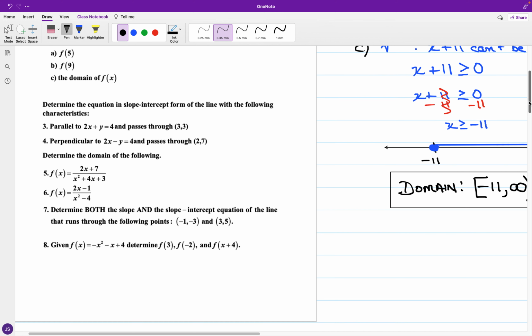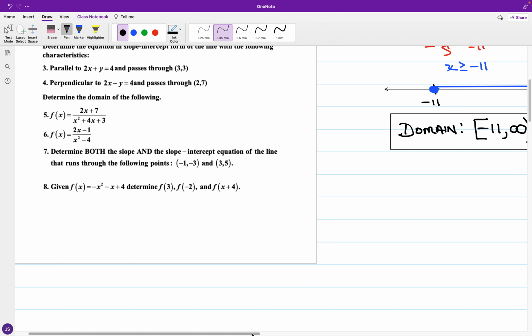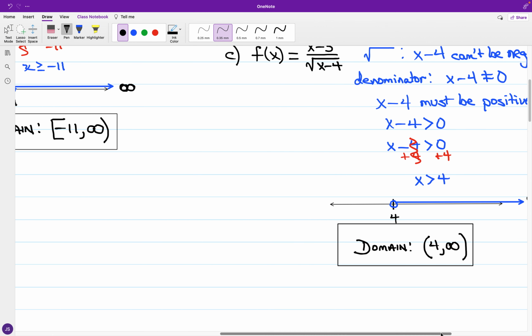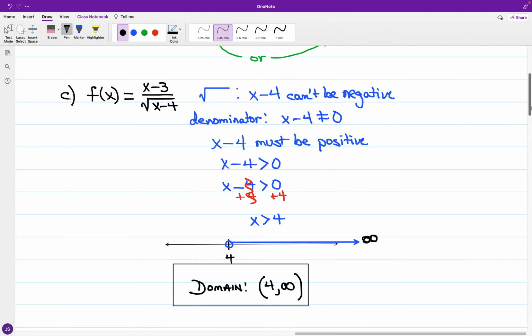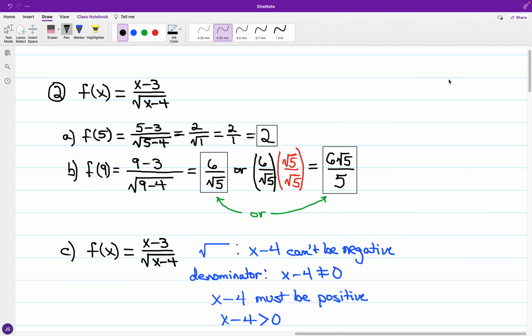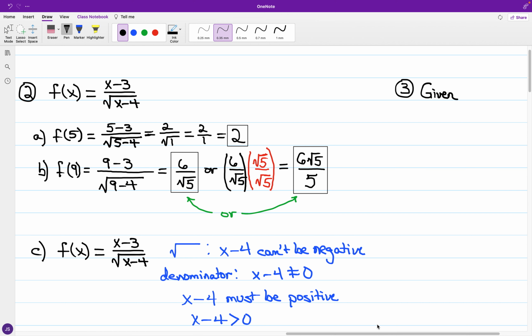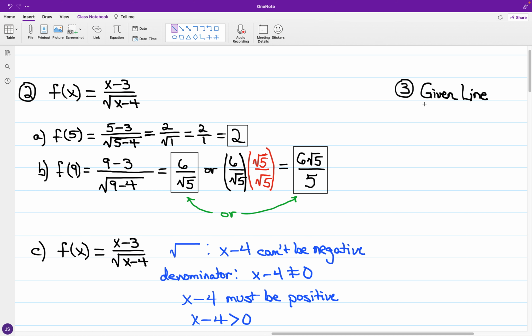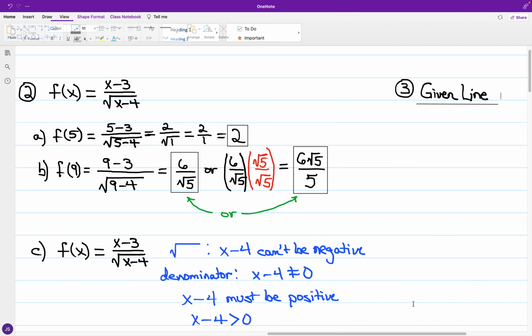All right, so for the given line, again defined by the equation in standard form, 2x plus y is equal to 4, we want to know what the slope of this line is, just to be able to attain the equation in the slope-intercept form of the parallel line.